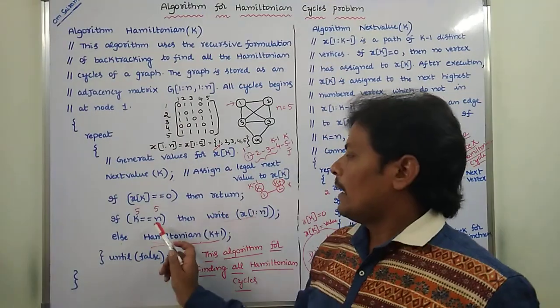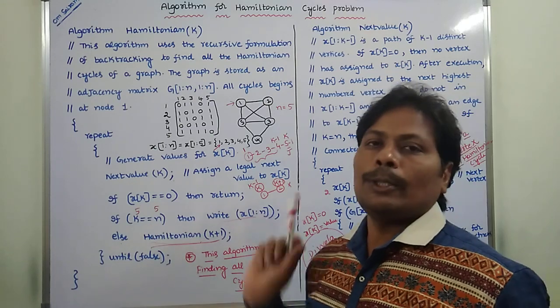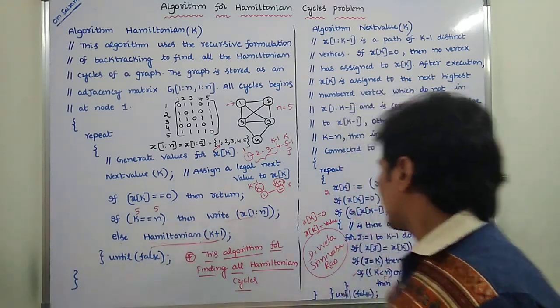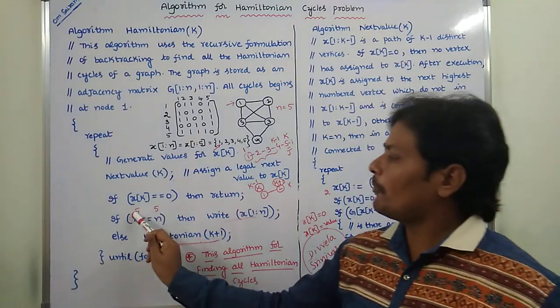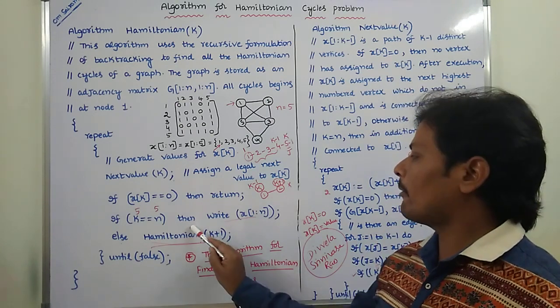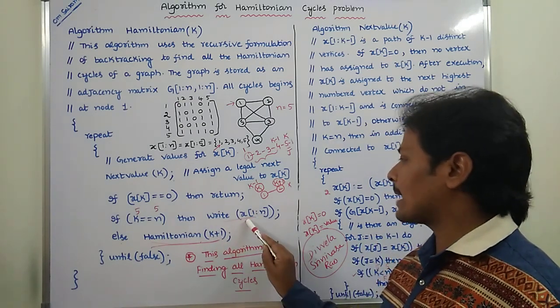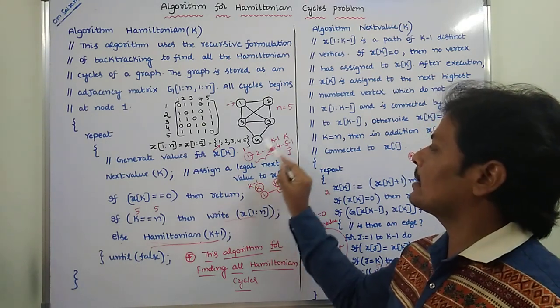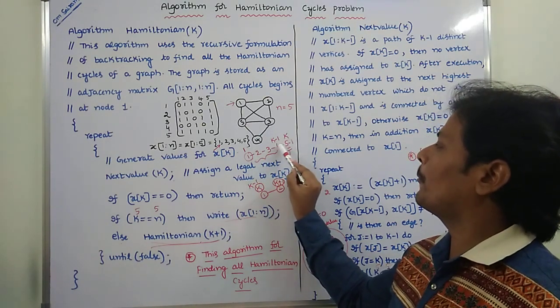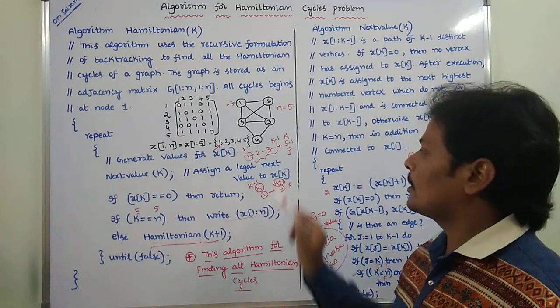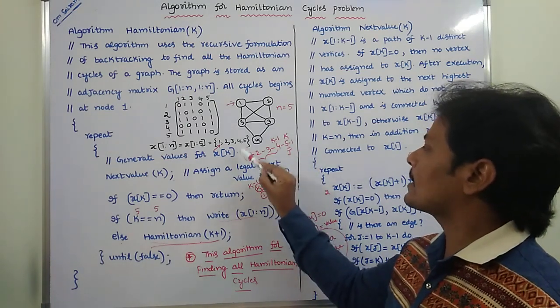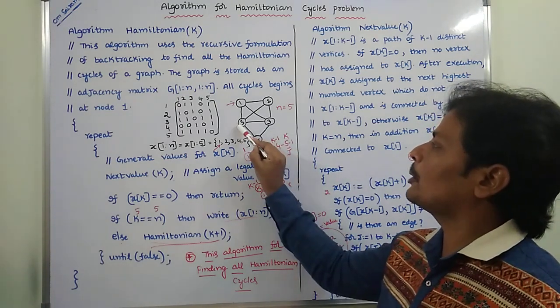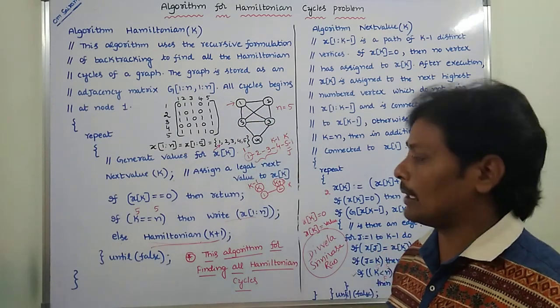So if k is equal to n, according to this, k value 5, n value 5, then write the solution vector x of 1 to 5. Here x of 1 to 5 is nothing but 1, 2, 3, 4, 5. So this is one Hamiltonian cycle. 5 is connected to 1 in the given graph.